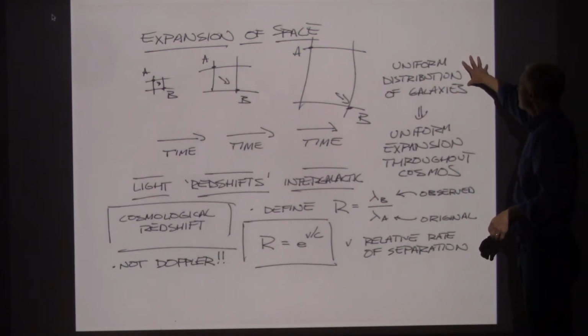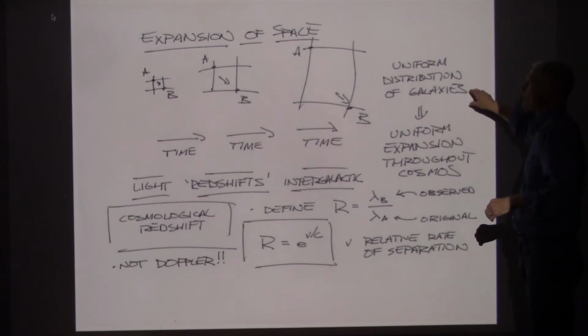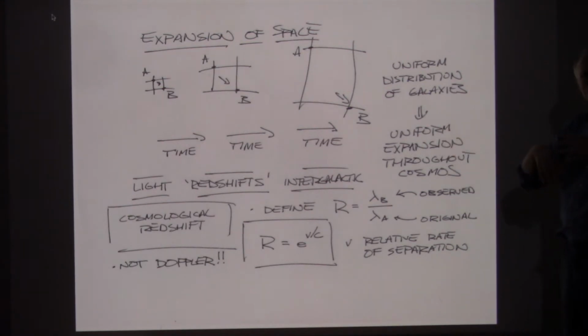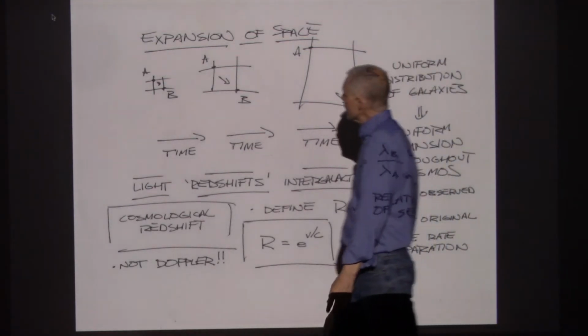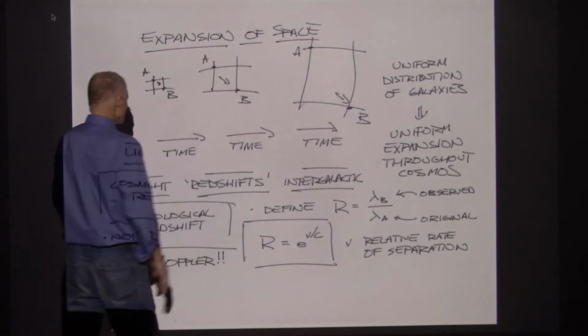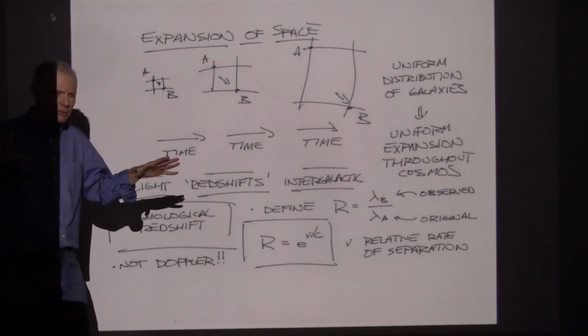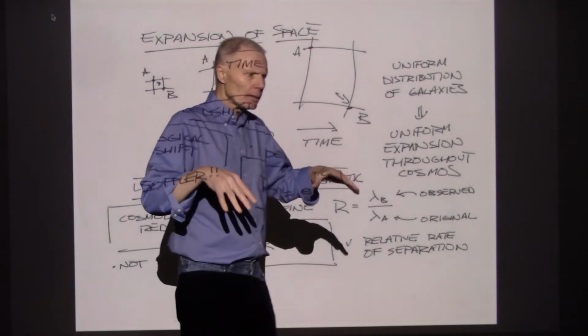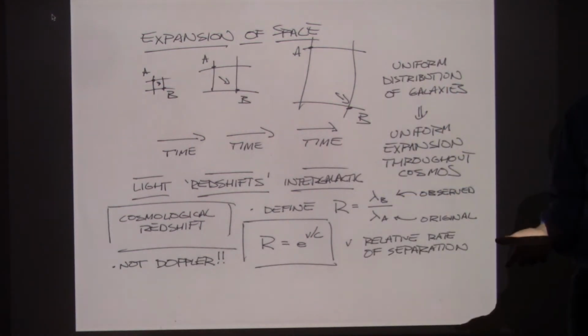If we assume that galaxies are scattered uniformly throughout space, and that expansion is taking place uniformly throughout the cosmos, then what we would say is that because of this separation effect, space is expanding, and the galaxies are just being carried along for the ride.